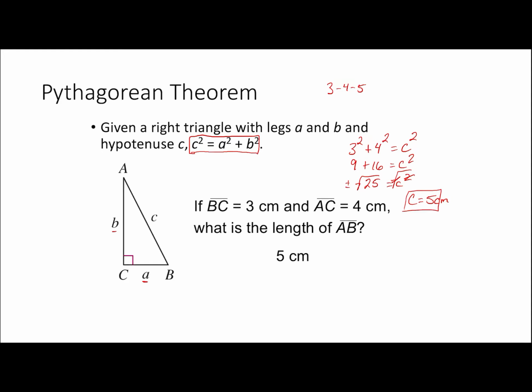For example, in construction, if somebody's building a house and they need a room to have a right angle at the corner, a lot of times a builder will figure out where the corner of that room is going to be, and they'll stretch out a string that's 3 feet long, and one that's 4 feet long, and then a 5-foot piece that should stretch across from the ends of the others.